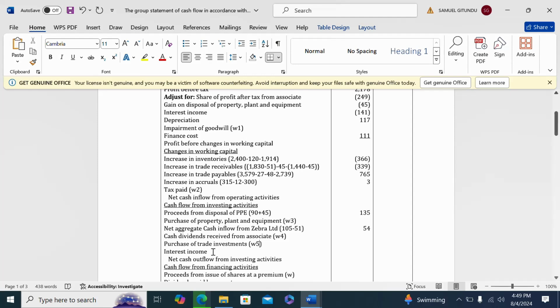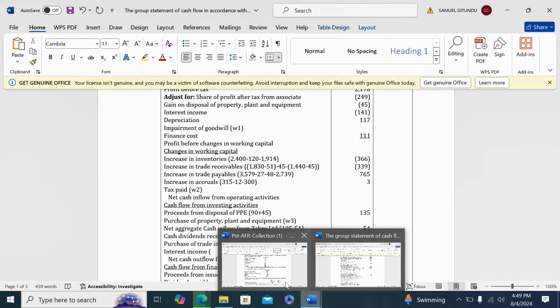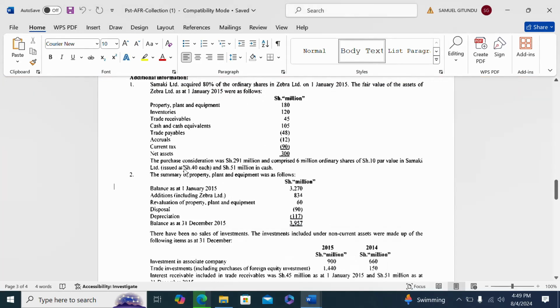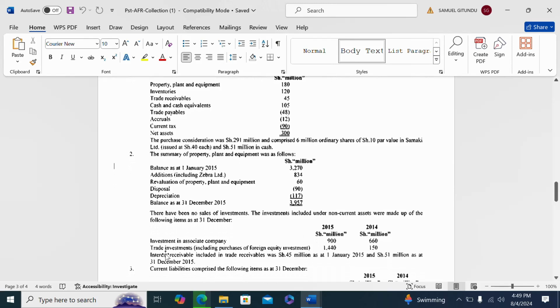And then interest income. From the additional information number 2, we have been told that interest receivable included in trade receivable was shillings 45 million as at 1st January 2015 and shillings 51 million as at 31st December 2015.